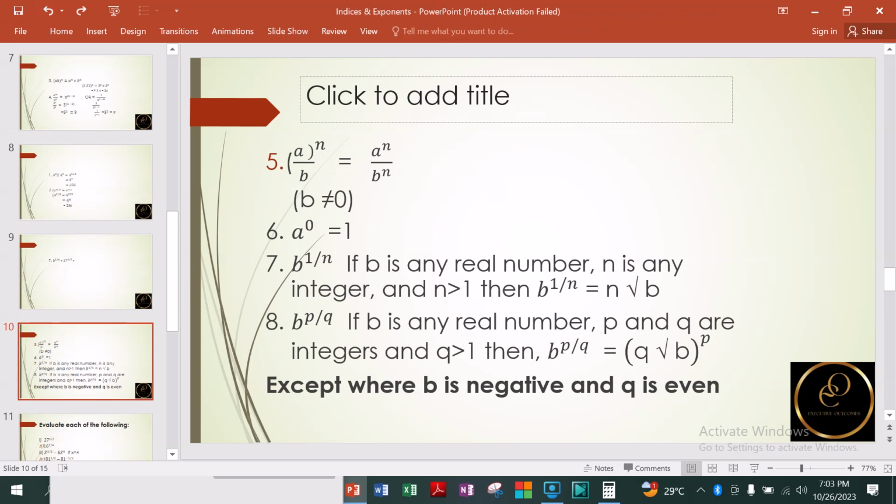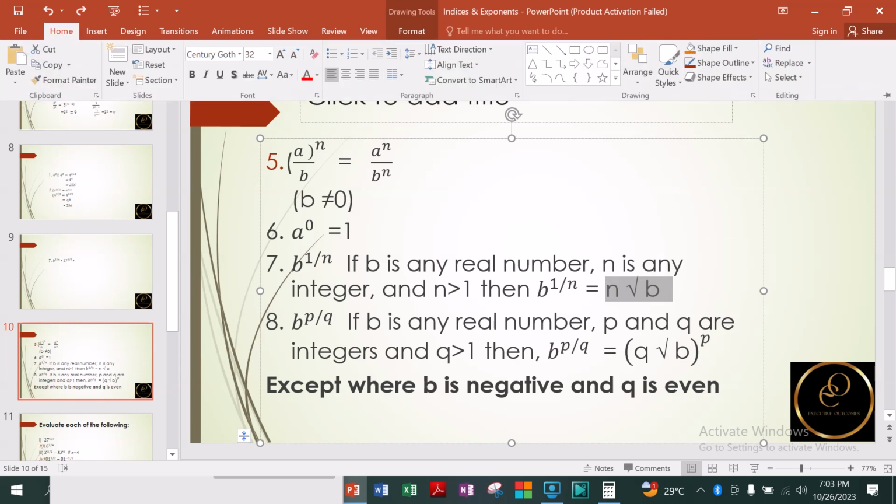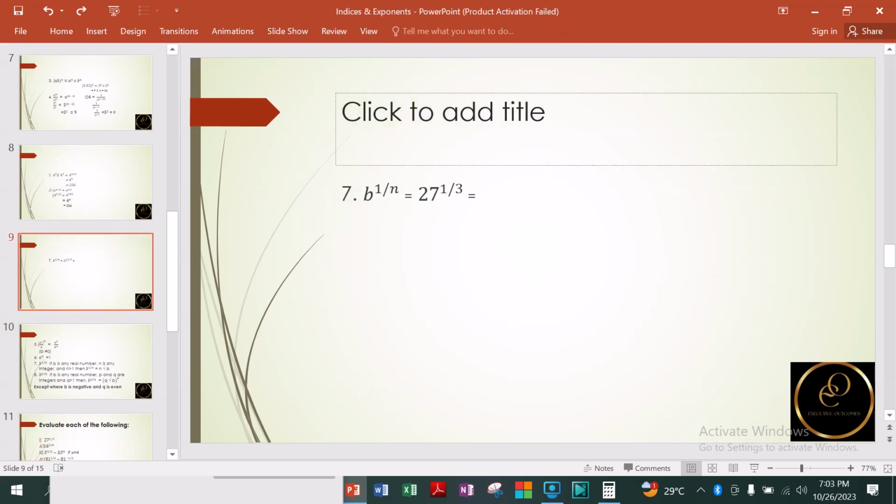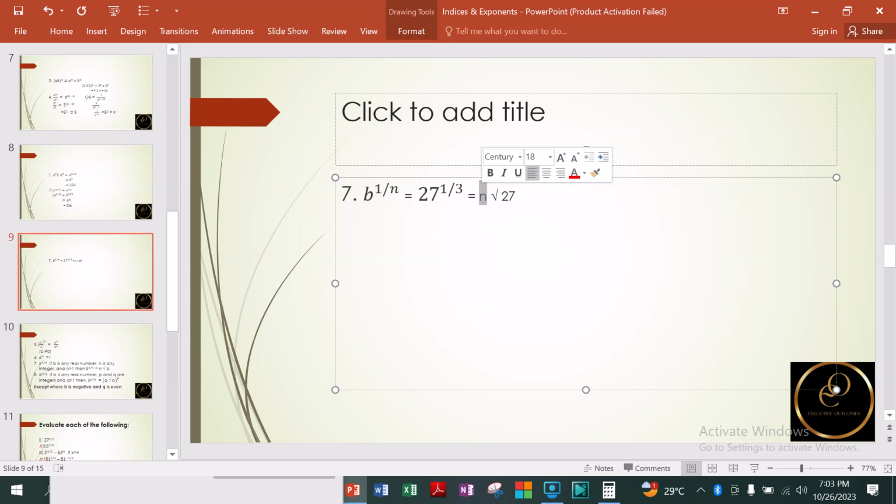We come here, it will be the nth root, meaning that the 27 gets inside the root symbol, and then we find the cube root, because this is 3, we find the cube root of 27.